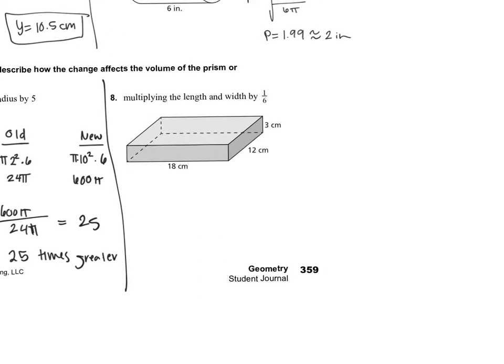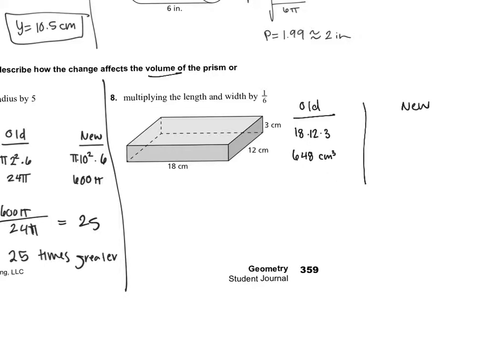Okay, for question 8, it says multiplying the length and width by 1/6. So I'm going to do the old, and then I'm going to do the new once again. So for the old volume, it's going to be 18 times 12 times 3, which gives me 648 centimeters cubed.